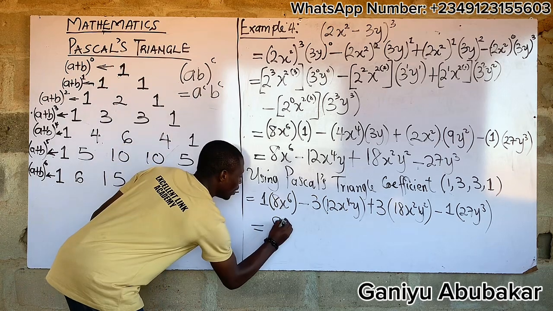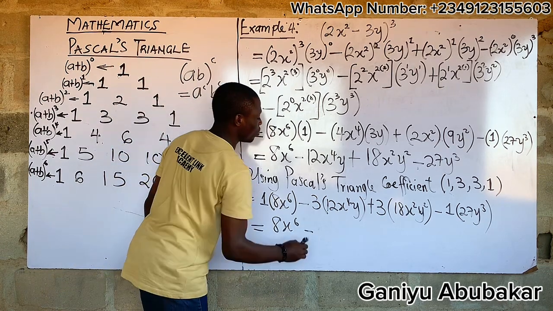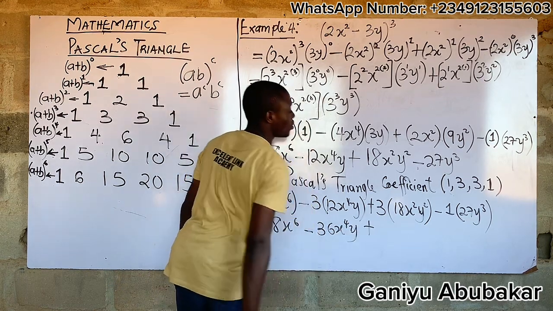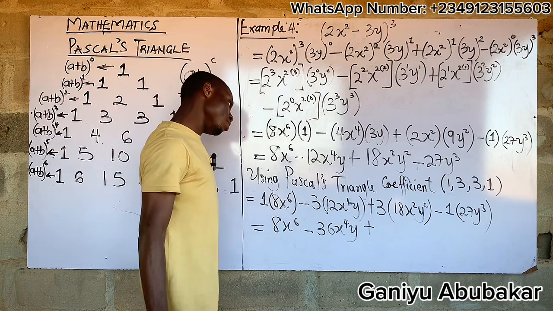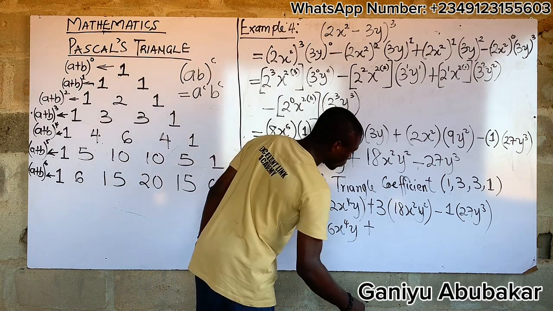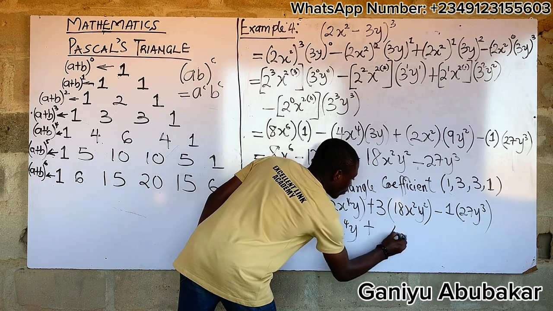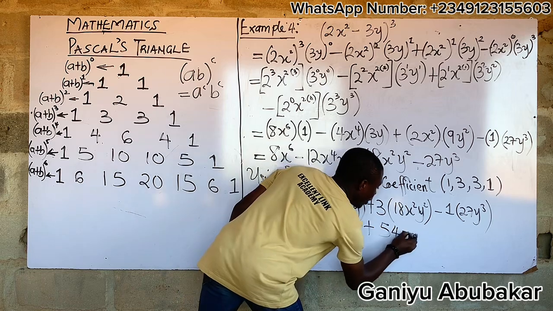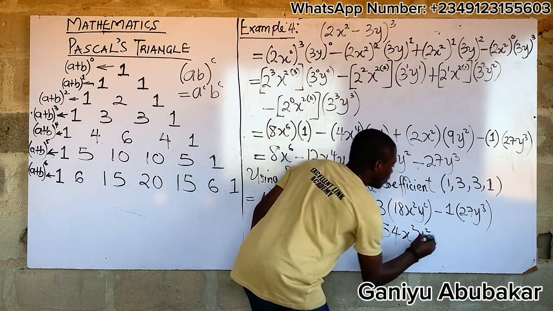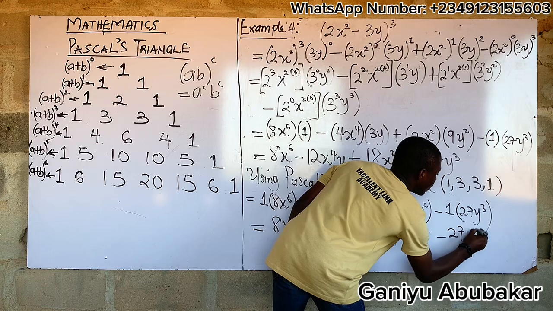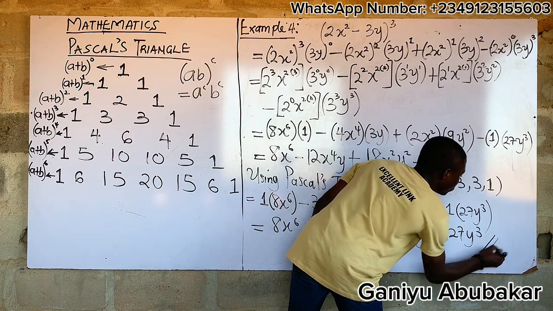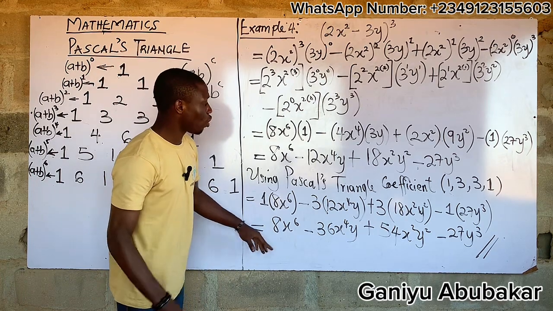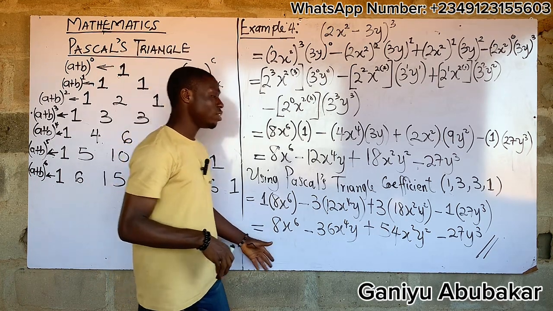This gives 8x to power 6 minus 36x to power 4y plus 54x squared y squared minus 27y to power 3. This becomes my answer after expanding this term here using the concept of Pascal's triangle.